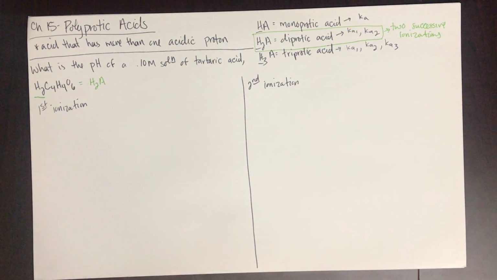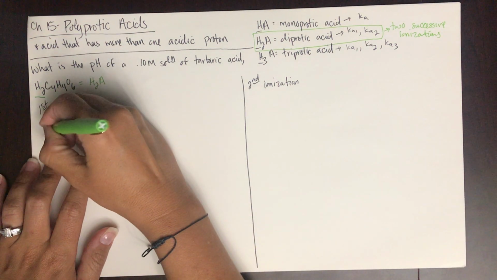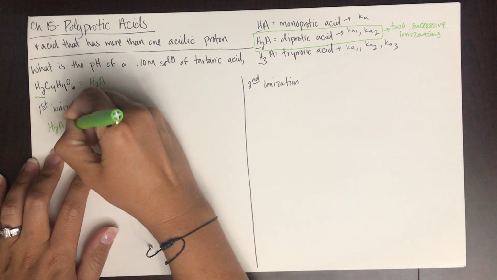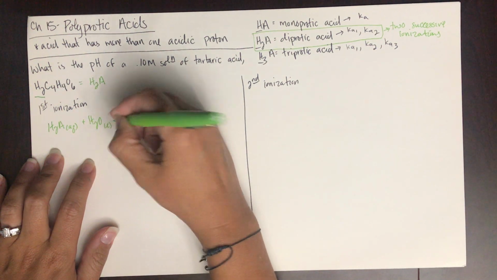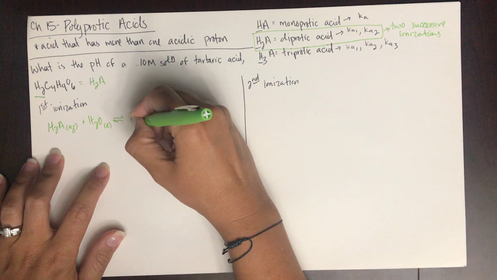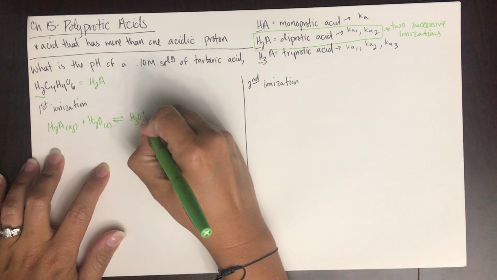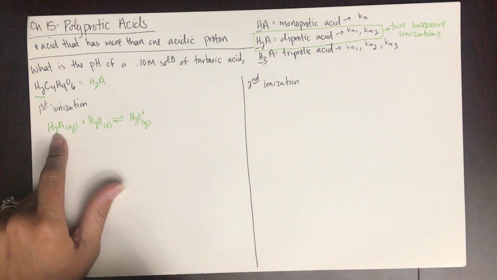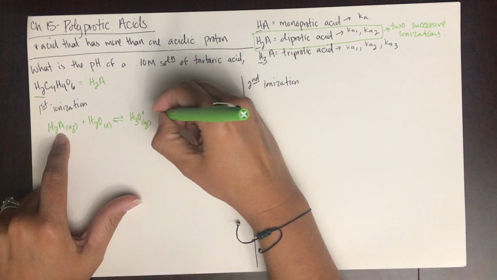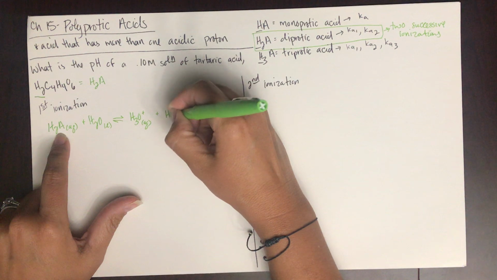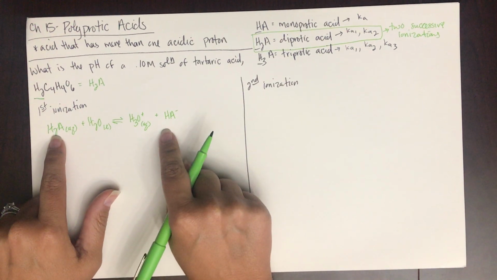The first ionization looks like this: H2A aqueous plus water liquid is in equilibrium with H3O+, the conjugate of the water, and the conjugate base of this weak acid, which is HA minus, because we're losing one hydrogen.